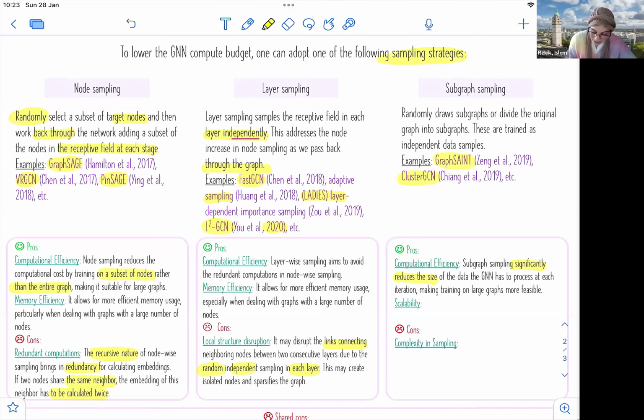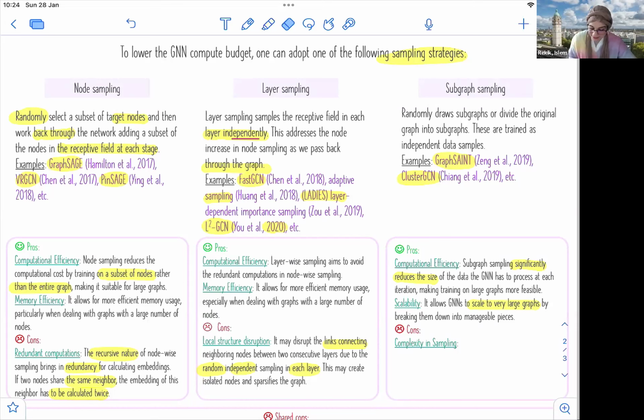In terms of scalability, this is highly scalable compared to the layer-wise sampling and node-based sampling methods, by breaking the graph down into smaller graphs.